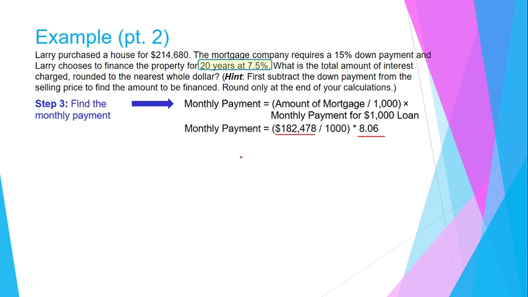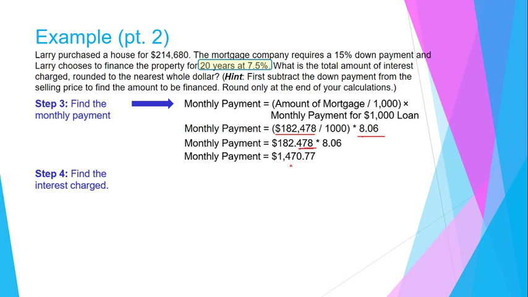Order of operations: divide inside the parentheses, then multiply. And remember, it says round only at the end, so I kept this number at 0.478 just to make sure. Multiply that by 8.06 and we get a monthly payment. That means for the next 20 years, Larry has to pay $1,470.77 every single month.